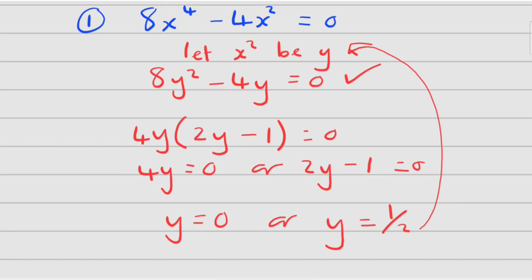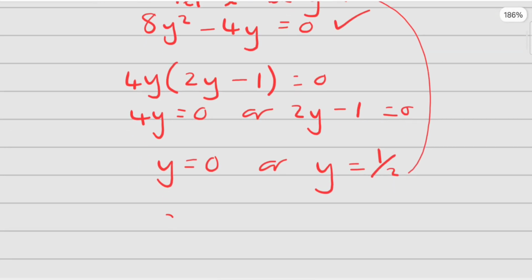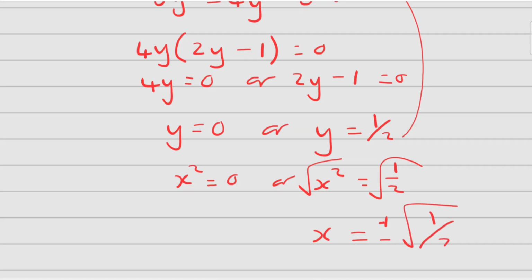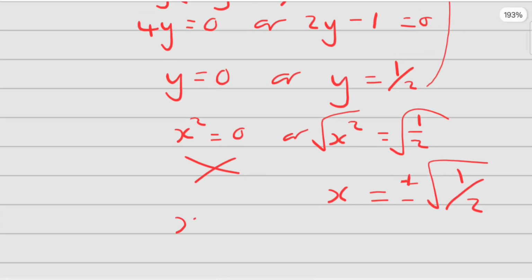Y is standing in for x squared, right? So then you have to say x squared is equal to 0, or x squared is equal to half. And for us to get x values, we say we square root both sides. So this will be x is equal to plus or minus root of a half. We can't really do anything about this, right? We can just say x equals to 0. It's a conclusion, right?